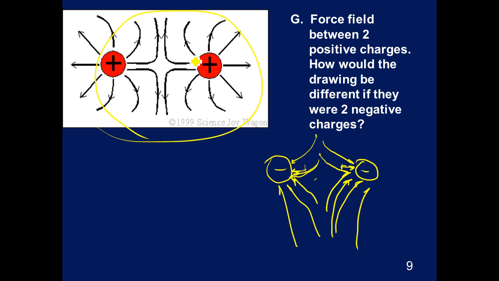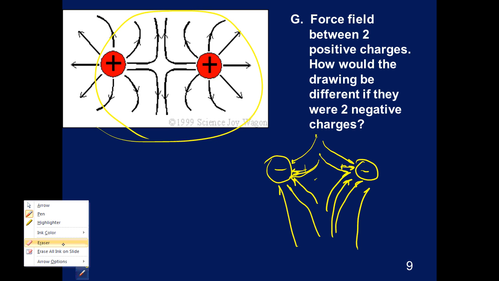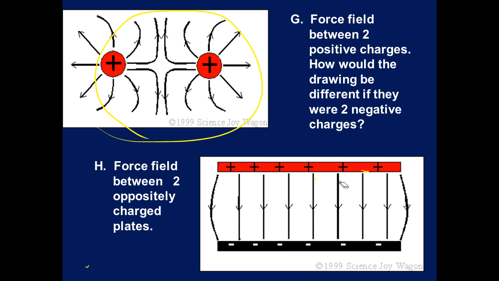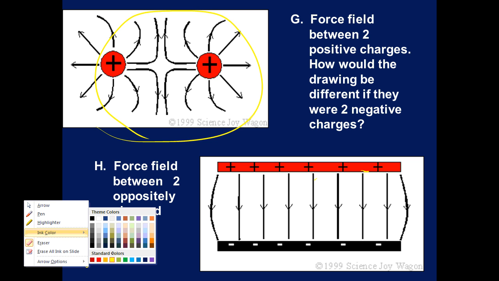So that's this idea of the field lines. If I had two plates, one positive and one negative, the arrows would point towards the negative because that's the way a positive test charge would move.